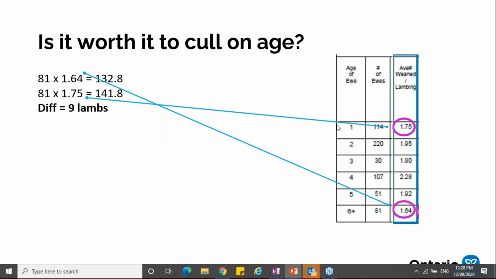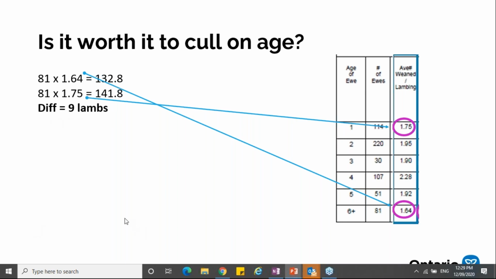I'm making a big assumption here that if I kept another 81 ewe lambs, they'd still have this same average. But if that was the case, if I could keep 81 more ewe lambs and sell these girls off, then I would have had 9 more lambs by doing that.